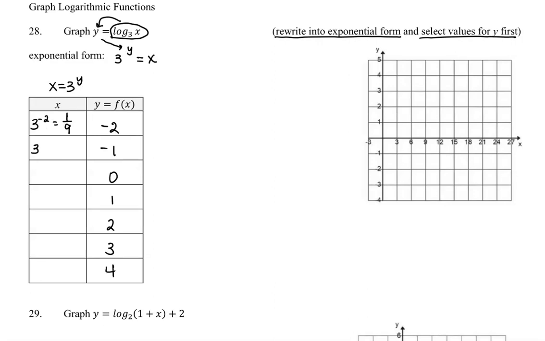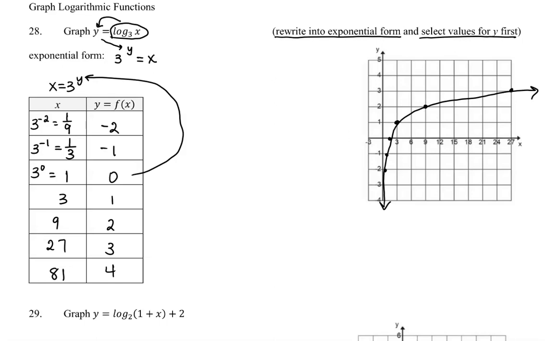When y is negative 1, x would be 3 to the negative 1, which is 1/3. I'm taking these y values and I'm plugging them in as the exponent of 3. And now I have some points on this graph that we can plot. And this is what the graph of log base 3 of x looks like.